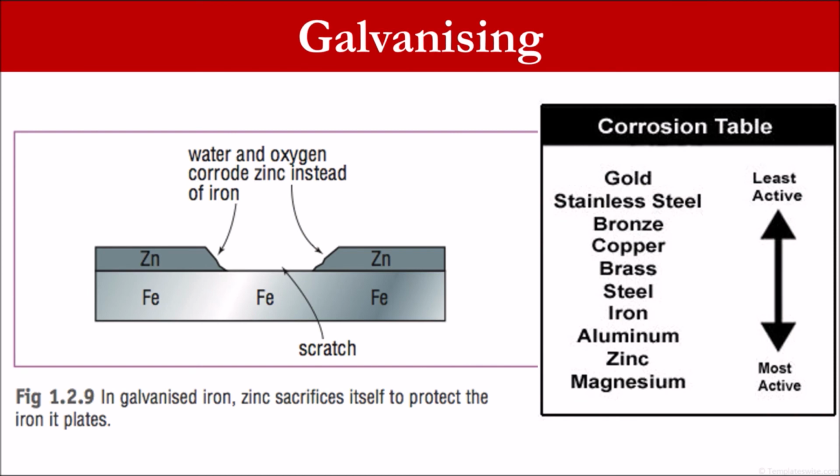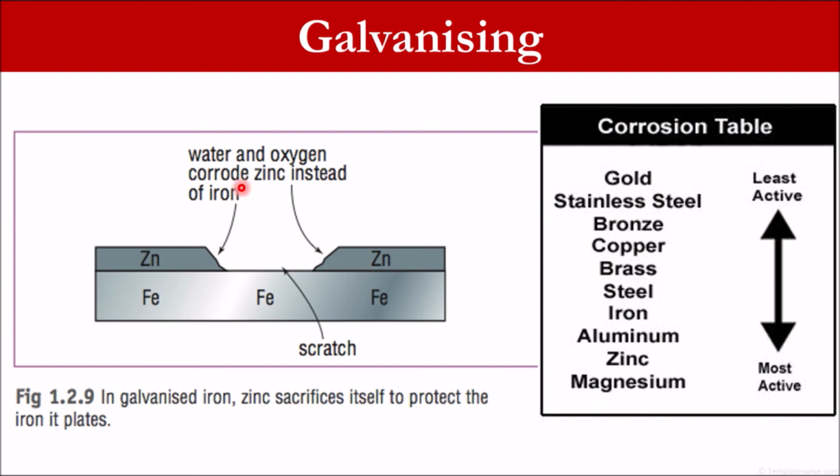Another technique of protecting against corrosion is a process called galvanizing. This process is where you put a more reactive metal on top of the less reactive metal. So say, for example, I want to protect a structure that has iron in it. If I look at the corrosion table, I am going to put a zinc layer on top of the iron, and this zinc layer acts like a sacrificial lamb, or sacrificial object, and protects the iron below.